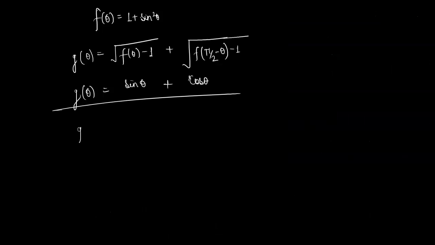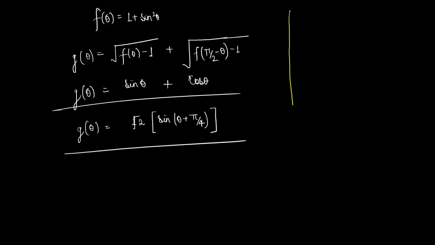So if I modify it by multiplying by root 2 and dividing by root 2, here I will have root 2, and it will become sine of theta plus pi by 4. Okay, I draw the graph of this function.